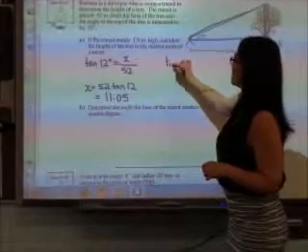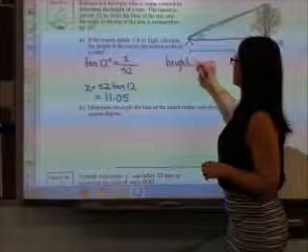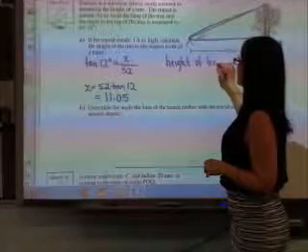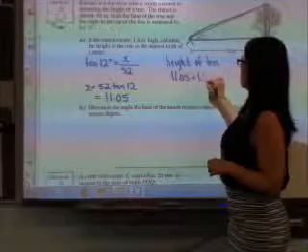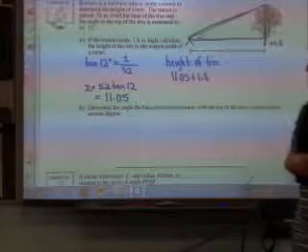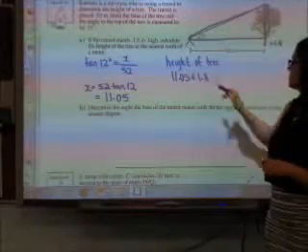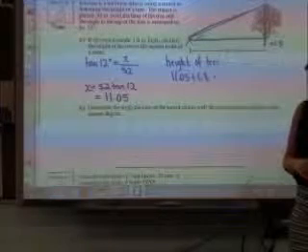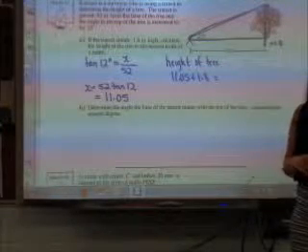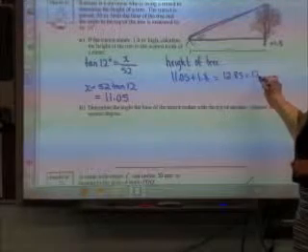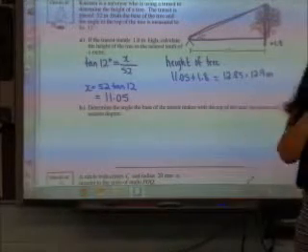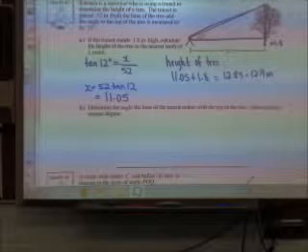So then the height of the tree would be 11.05 plus the 1.8. And what does that give me? So the tree is 12.9 meters in height.